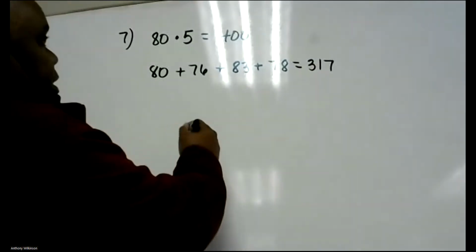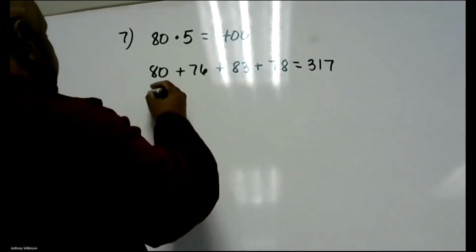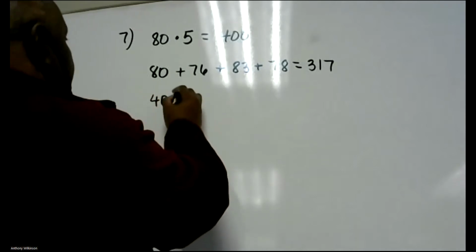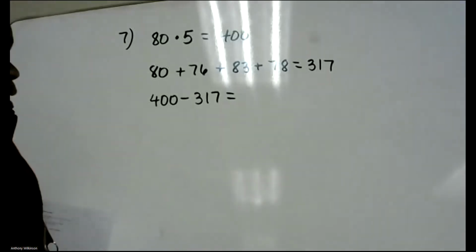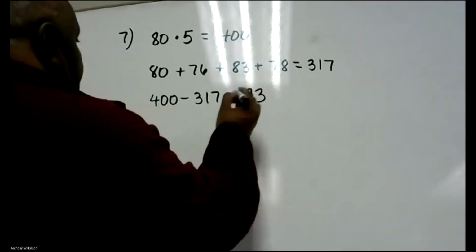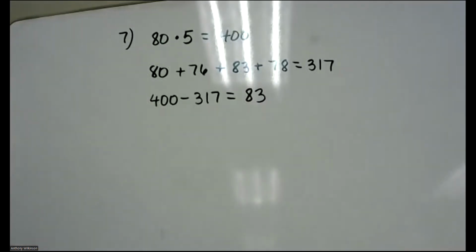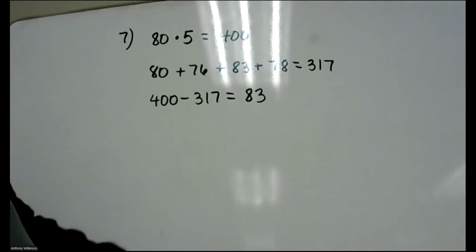All right. So now, 80 times 5, that's 400. So that means if I subtract the 317 from 400, what would that be? 83. So in other words, for her to at least get a B, which is an average of 80, she must make at least an 83 on the 5th test.